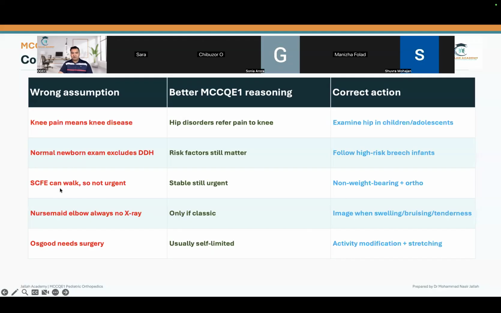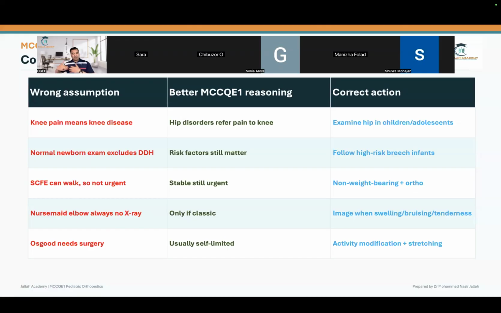Slipped capital femoral epiphysis can walk, so not urgent? Remember, in slipped capital femoral epiphysis, we have two conditions. Either the patient is stable or unstable. Stable means the patient has this condition, but he still can walk. He has a limp, but he can still bear weight on the affected side.